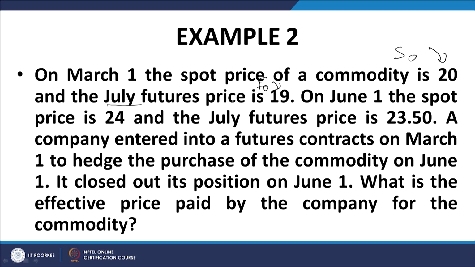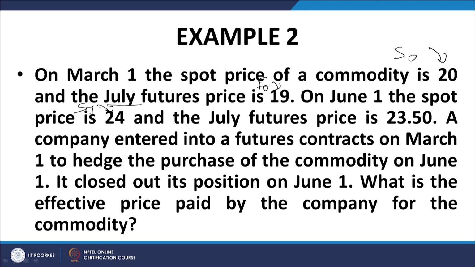And June 1 is the date when you plan to lift the hedge. The spot price goes up from 20 to 24, this is ST. This is ST, the spot price as on date of the lifting of the hedge, and the futures price of this July futures.